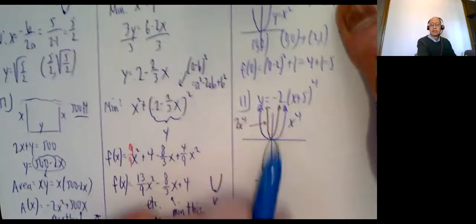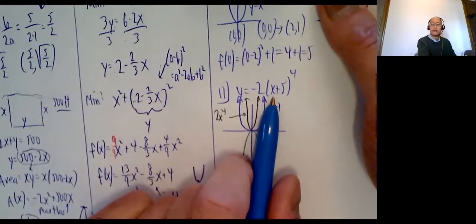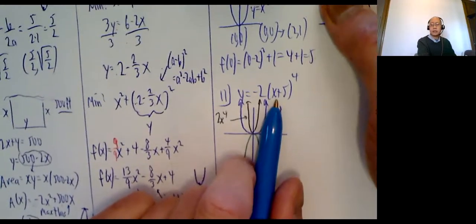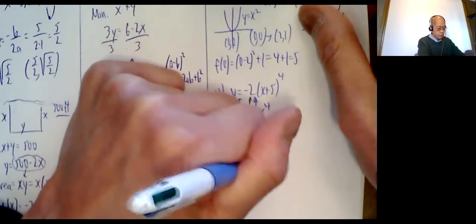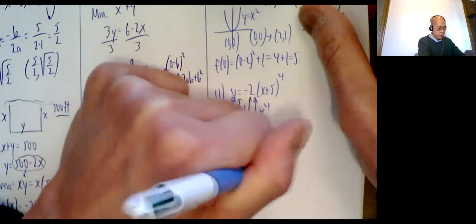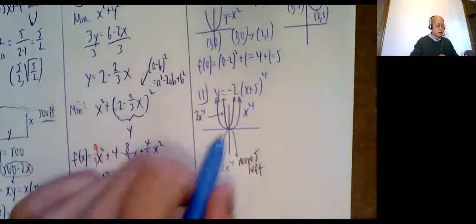You replace x with x plus 5. That moves the graph 5 units to the left. So now I move 5 to the left, and I think the picture is going to get too cluttered, so I'll just make a new graph where this thing gets shot over 5 units.